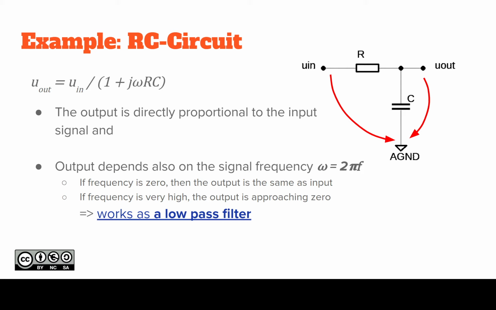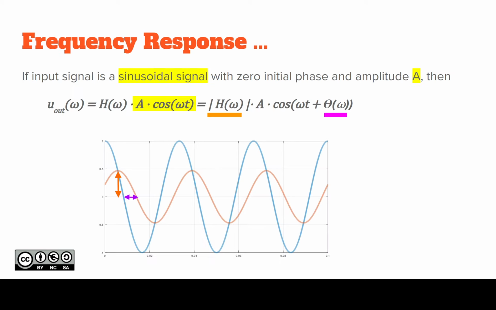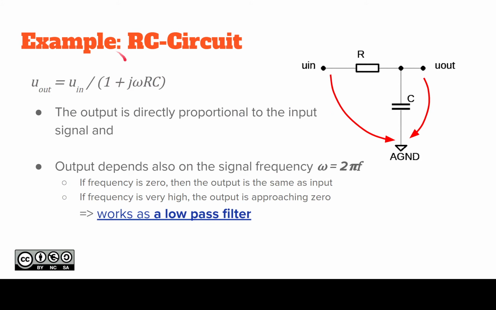So it becomes this complex number, but anyways, think of that it has the magnitude and the phase. Phase is this part, but the magnitude here is actually 1 divided by, let's see, square root of 1 plus omega square R square C square.